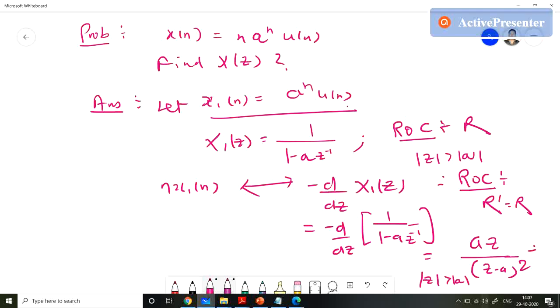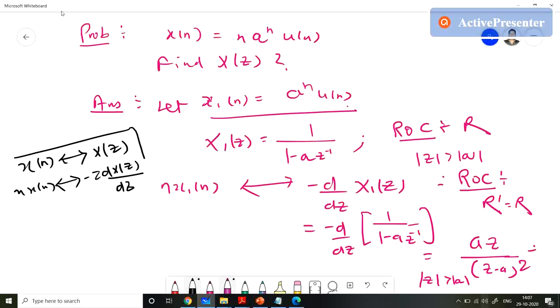The ROC will remain unchanged. So we have just applied the property: if x[n] has z transform X(z), then n x[n] has z transform minus z dX(z) divided by dz.